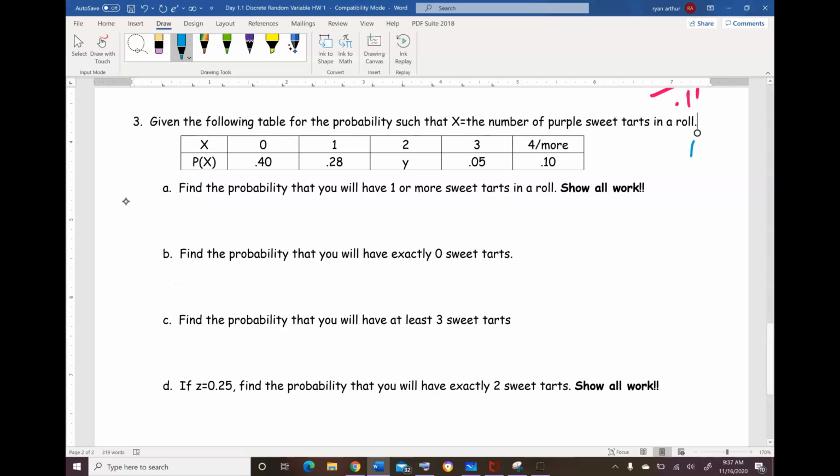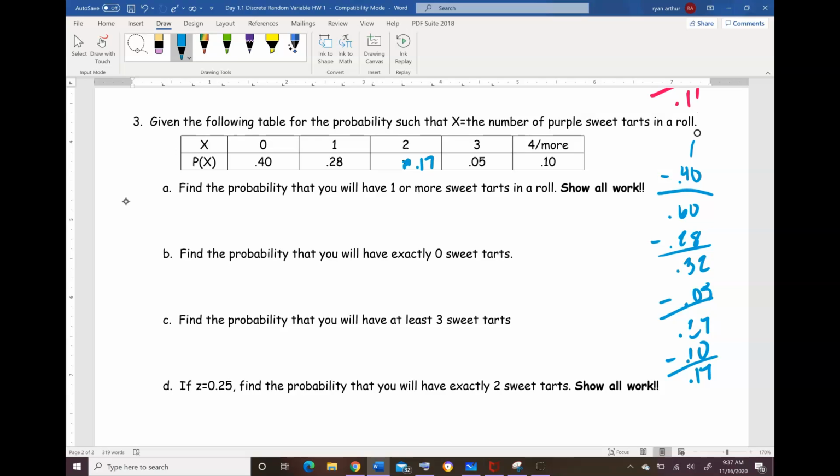Okay, so I'm going to say 1 minus 0.40, I get 0.60, minus 0.28, we're going to get 0.32, minus 0.05, 0.27, minus 0.10, it'll give me 0.17. Okay, so y is actually 0.17. So now I have all my percents. Now I can go and answer questions.